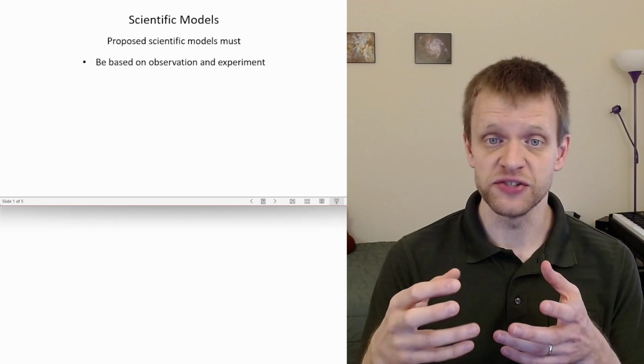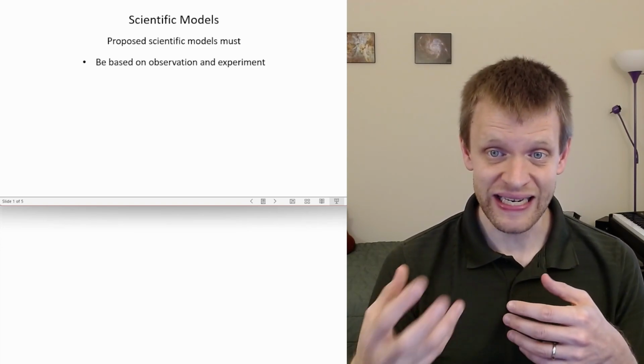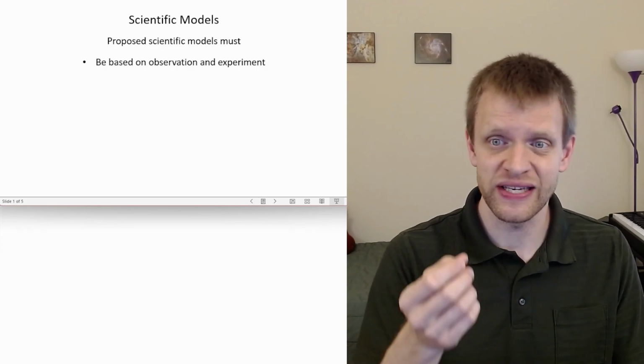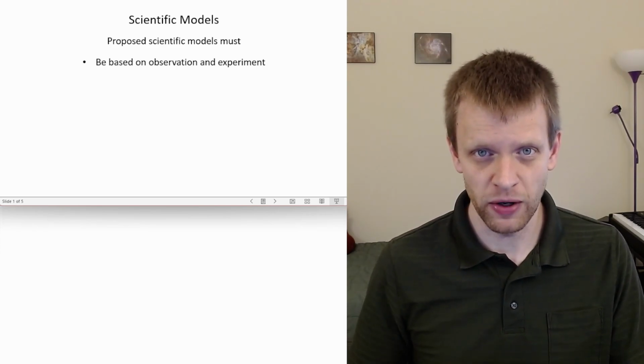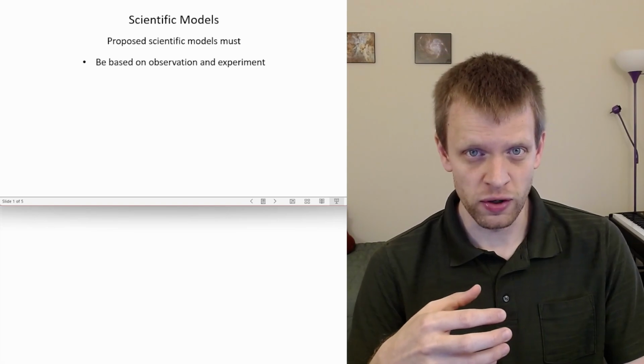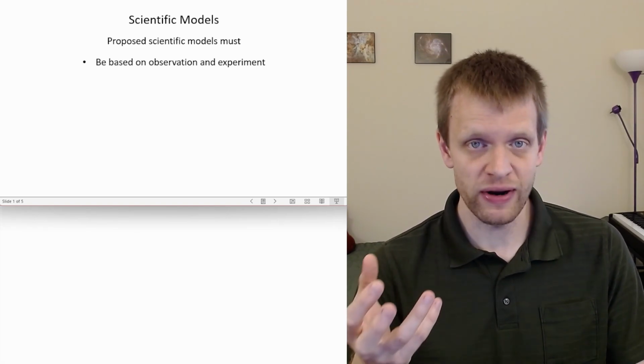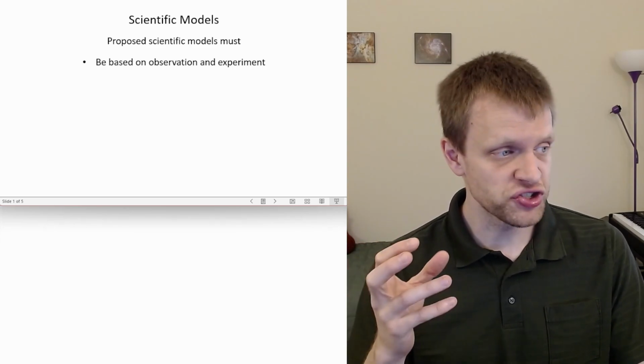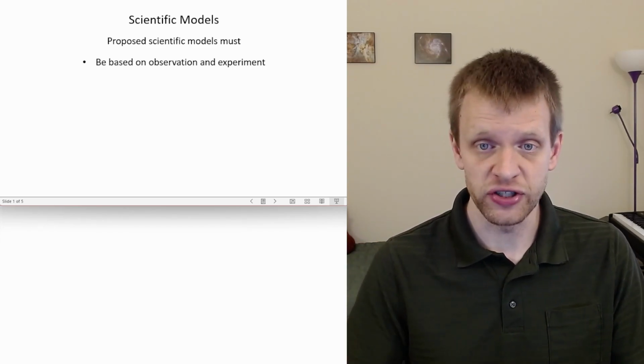The development of these mathematical frameworks to link these ideas was still based on those previously experimentally verified models. So even though it's more mathematical and theoretical in nature, those underpinnings are still based on observation and experiments.